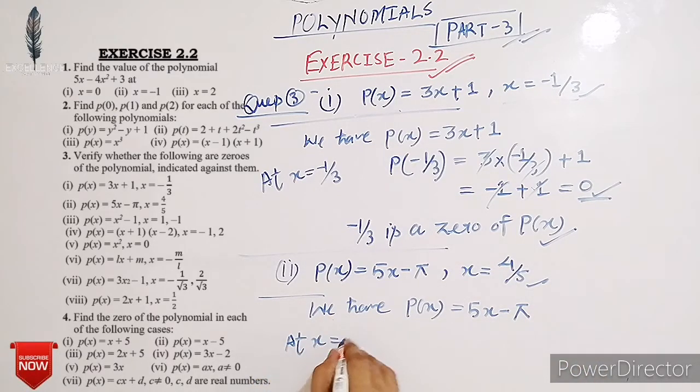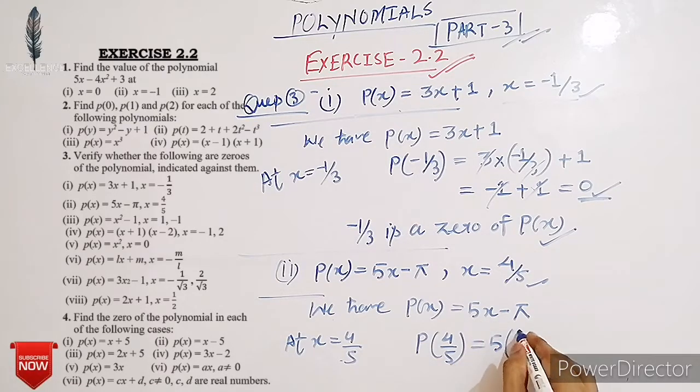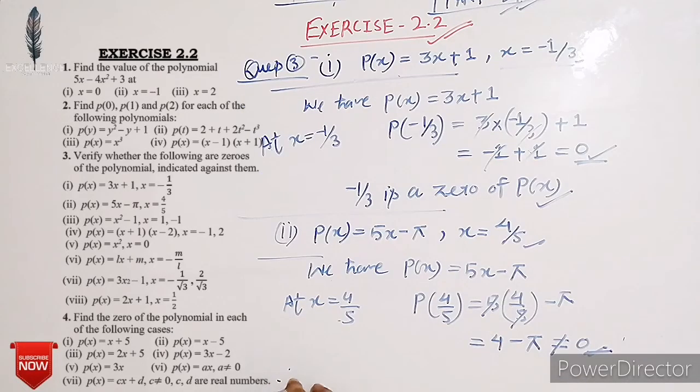At x = 4/5, p(4/5) = 5 into 4/5 - pi. 5 and 5 cancel. Here 4 - pi does not equal 0. So 4/5 is not a zero of p(x). Okay students.